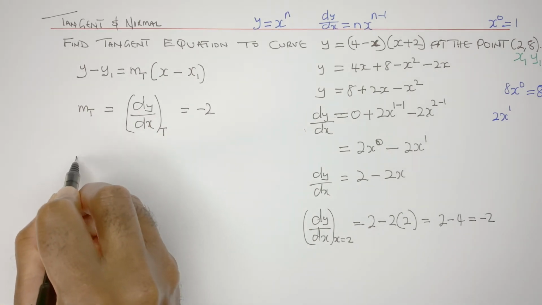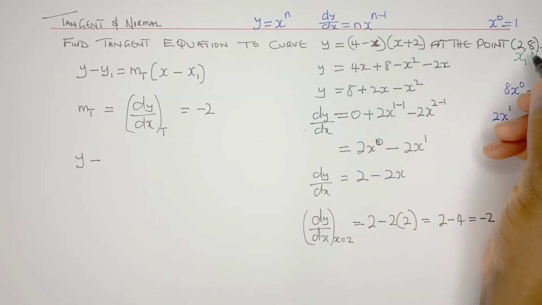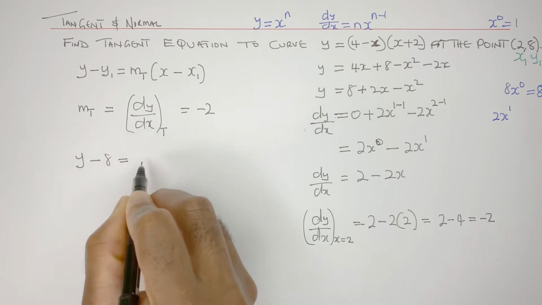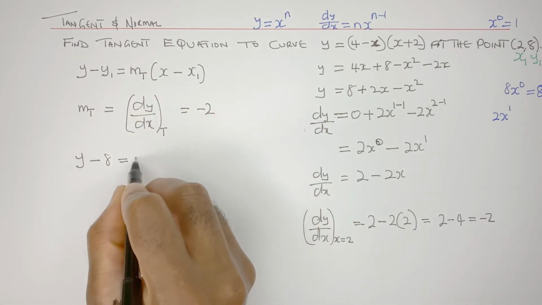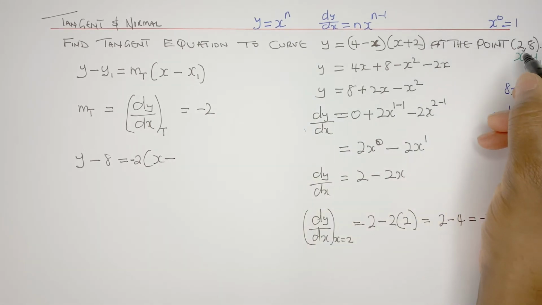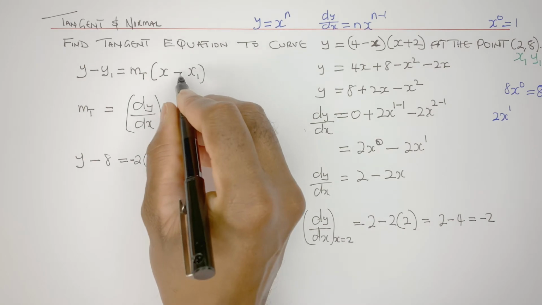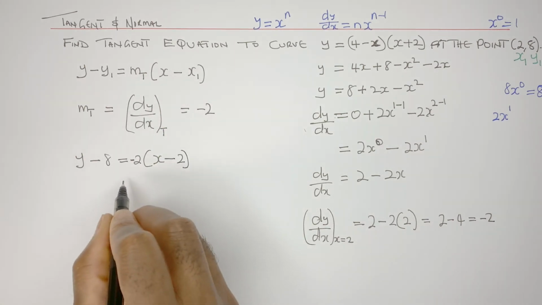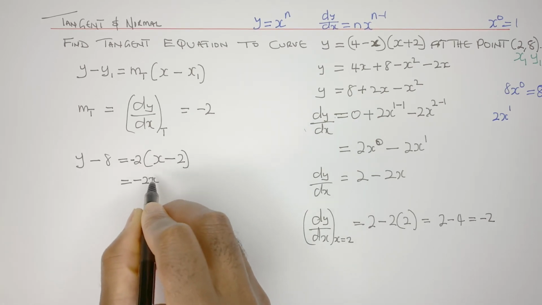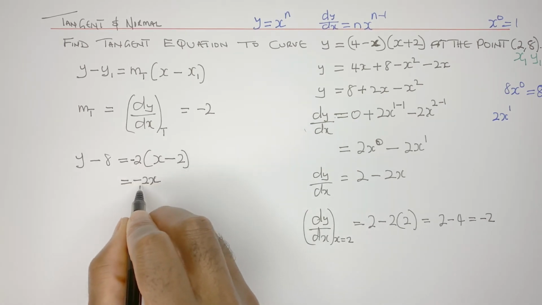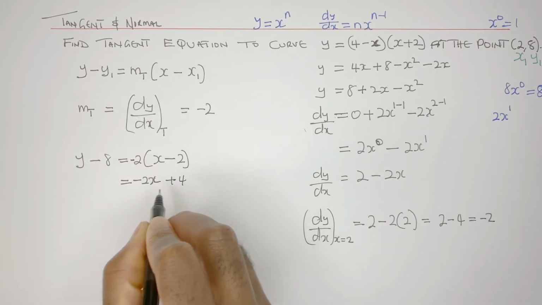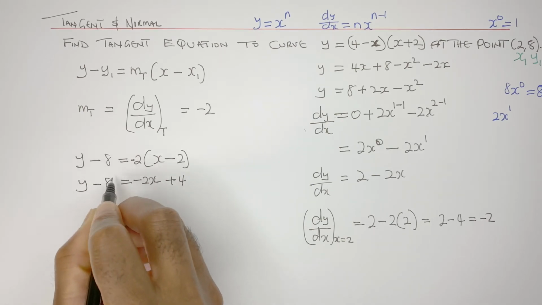So y minus 8, because y1 is 8, equals mt, which is minus 2, times x minus 2. That's x1, which is 2 there. So we need to expand that. That will be minus 2x. Minus 2 times x is minus 2x. Minus 2 times minus 2 is plus 4. Y minus 8.